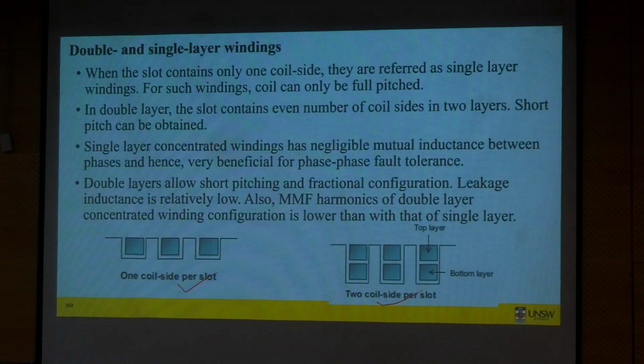So both are proposed, but if fault tolerance is not the critical requirement, then usually double layer windings are preferred.